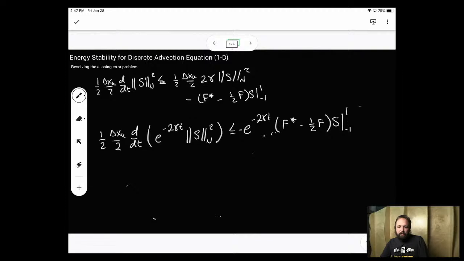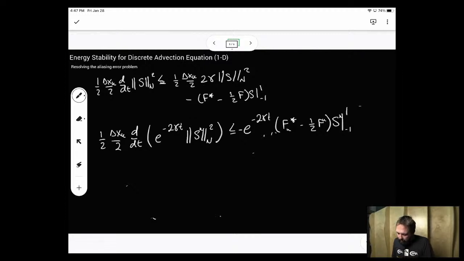And now if I want to get the full energy norm, what I've got to do is go back and add up all the contributions from all the elements. So I'll put a summation out here and bring the k's back, because this is the solution within element k, Riemann flux within element k.